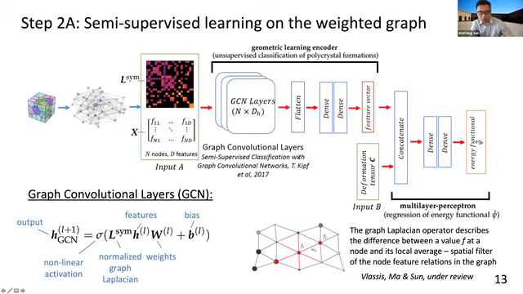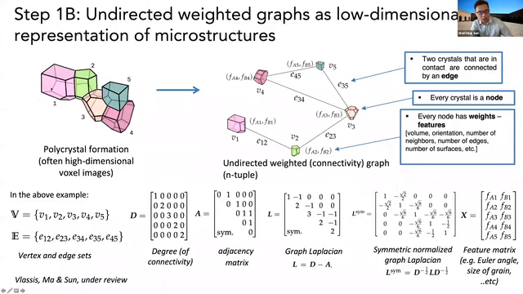So in here, what we actually do is something called semi-supervised learning. Also at Sandia, there is some work that uses the convolutional neural network directly on the image to obtain the feature vector. The major difference here is that we start with the graph. If you look at it, in order to represent this structure, I only need a 5 by 5 matrix, and a feature vector that is 5 by whatever number of features I want to store.